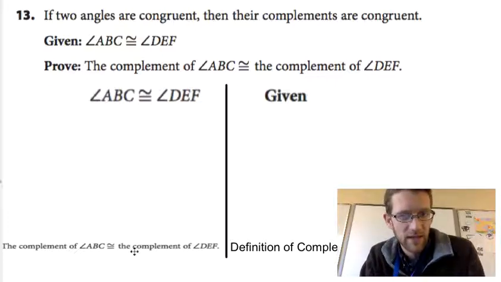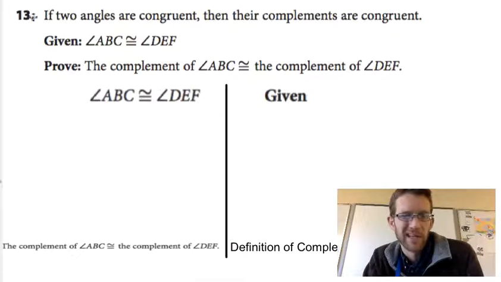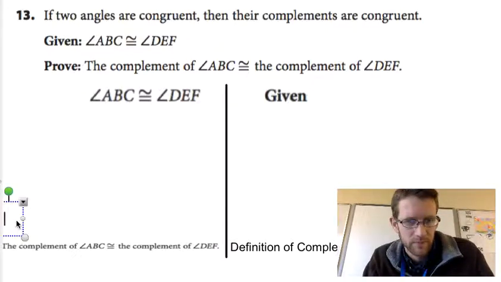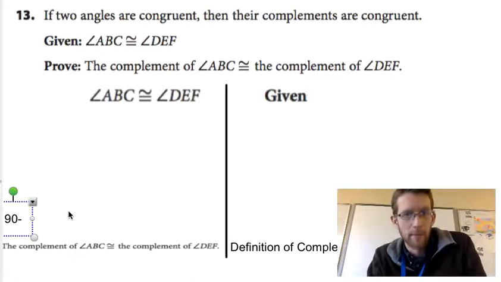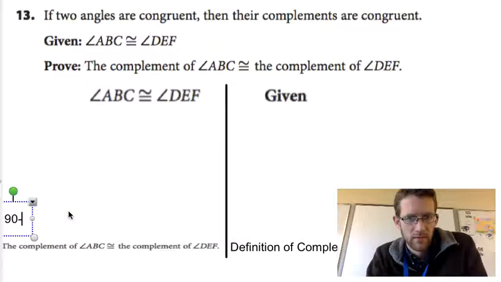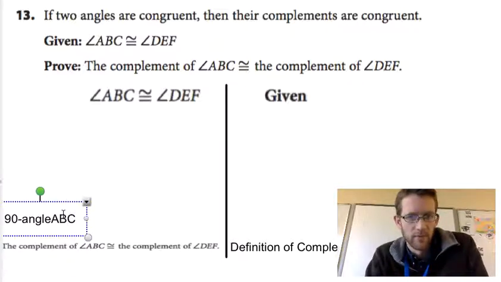So the complement of an angle, you can find this on problems 10 and 11, flip back another page, is, in this case, I'm going to type it out, 90 minus angle ABC, right? That'll give us the complement of angle ABC.